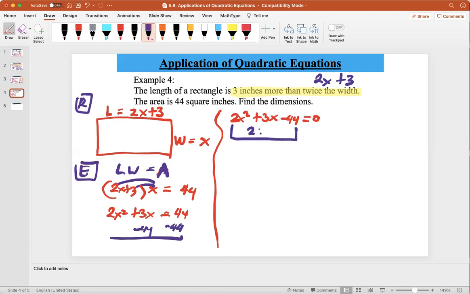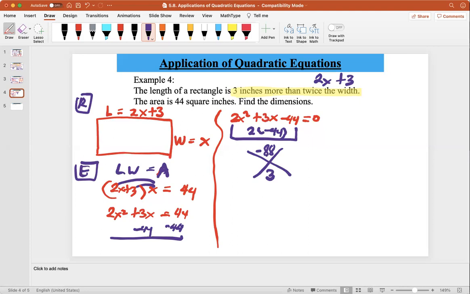We have 2 times negative 44. What's 2 times negative 44? You have negative 88, whose sum is 3. Remember, we have a product that's negative.